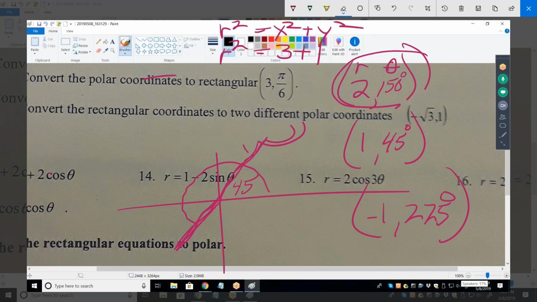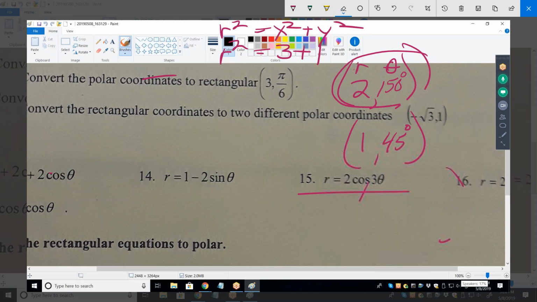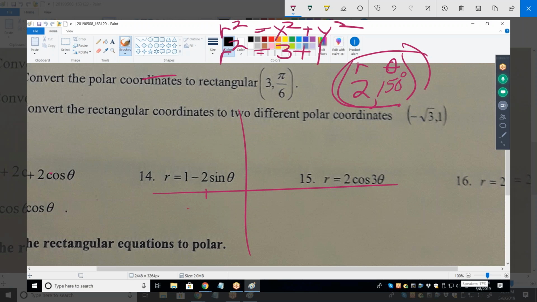Now, the one thing about polar and rectangular is they can be plotted on the same exact plane. Okay? In other words, I know what my rectangular points are. It's minus square root of 3. Well, square root of 3 is about 1.7. So I'll go out to minus square root of 3.